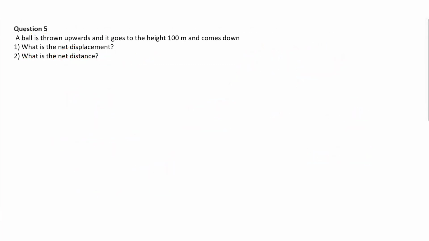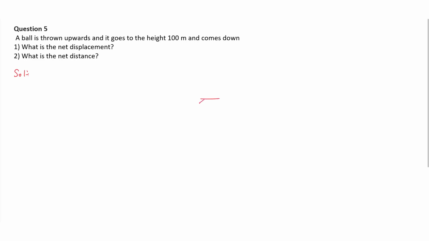Our next question says a ball is thrown upwards and it goes to the height of 100 meter and comes down. What is the net displacement and net distance? Okay, very interesting question. On the basis of the given data, I will first interpret the figure.